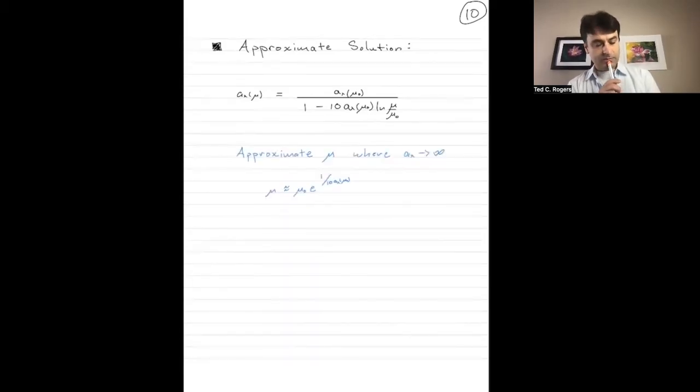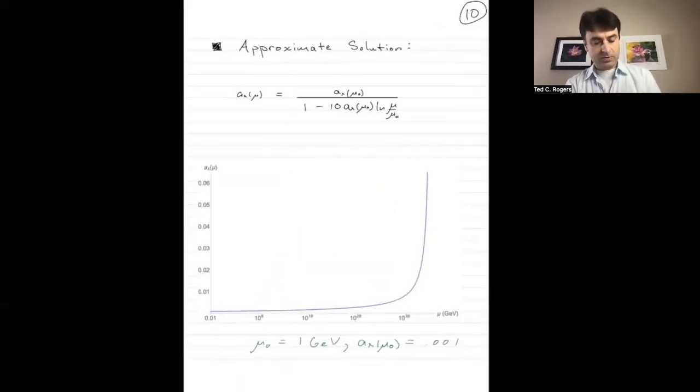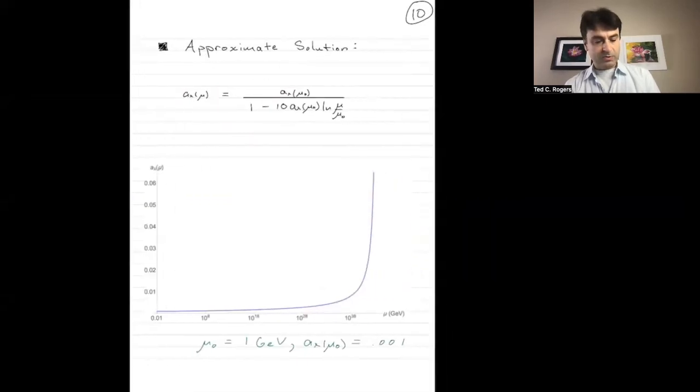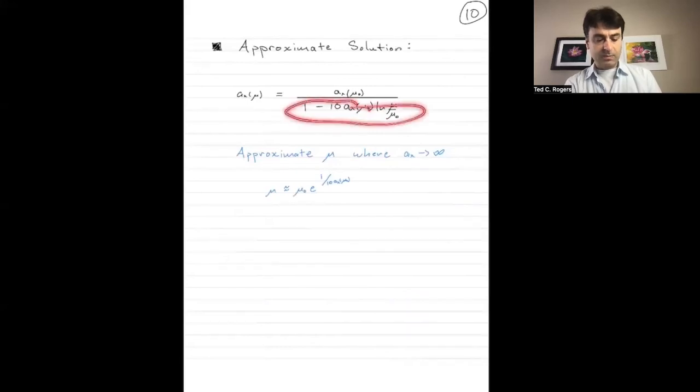Okay, let's see, a few other things. Notice that eventually it blows up. This is this infamous Landau pole issue. If we go way out here, the coupling eventually blows up. If we use this expression, we can get a very, very rough idea of where the divergence in the coupling should take place by just solving for where the denominator goes to 0.